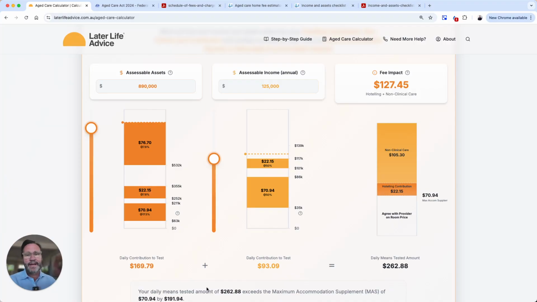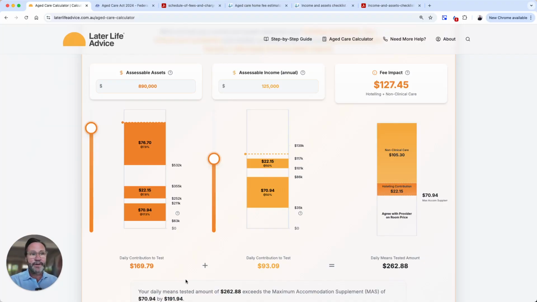And because of the nature of this test being based on assets and income, you can't see a very specific test to say, well, mum's got assets of X that's under the threshold, so she shouldn't need to contribute. Because it's combined, this is quite a difficult outcome to articulate through a simple calculator.